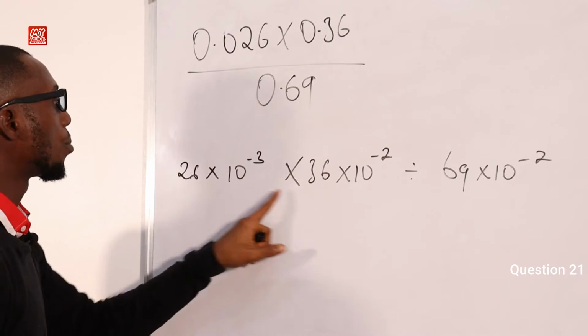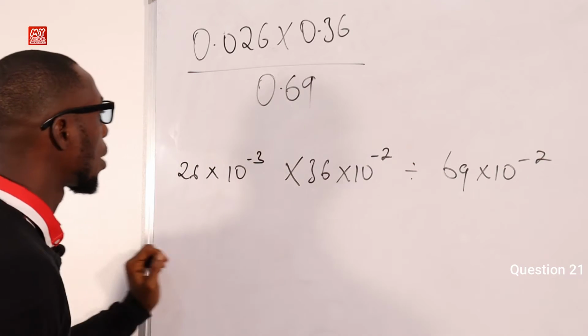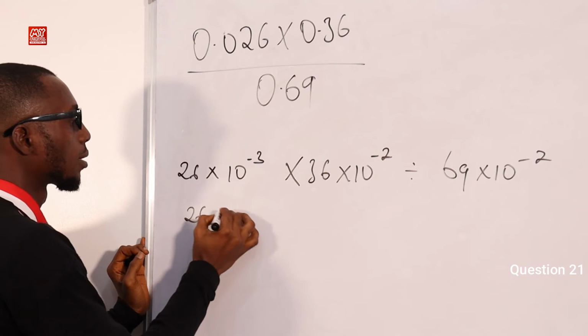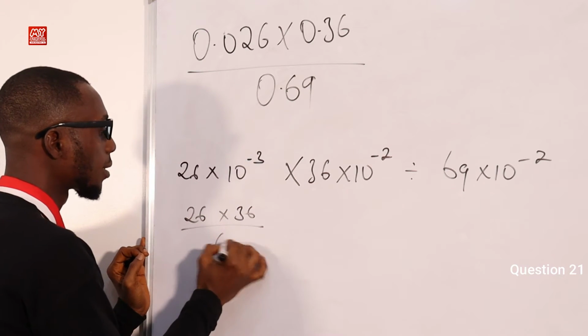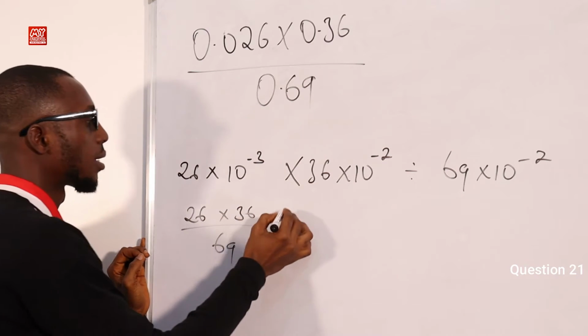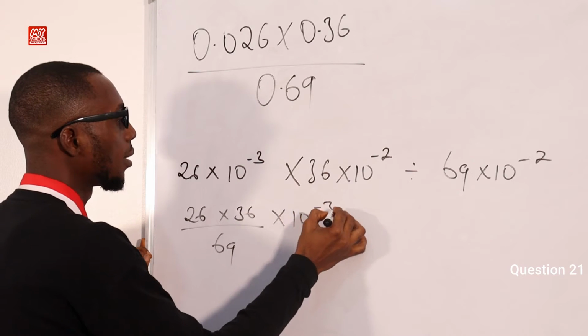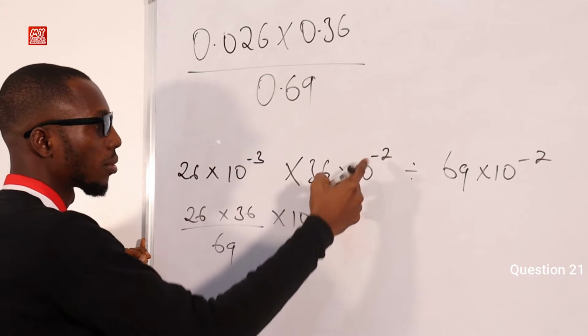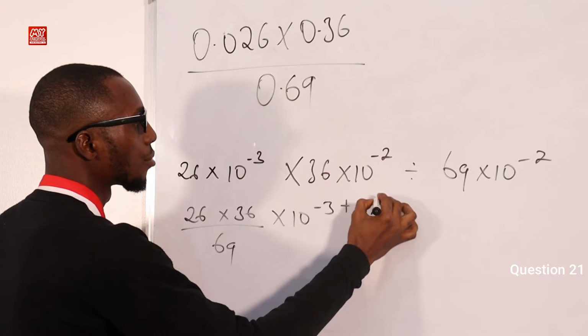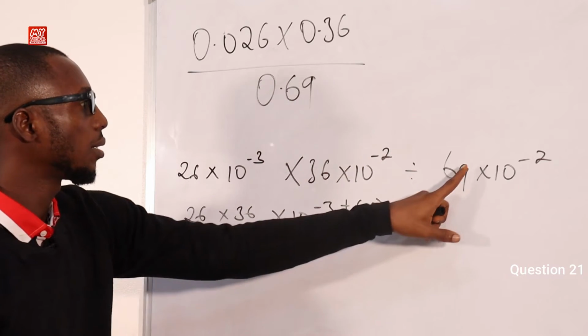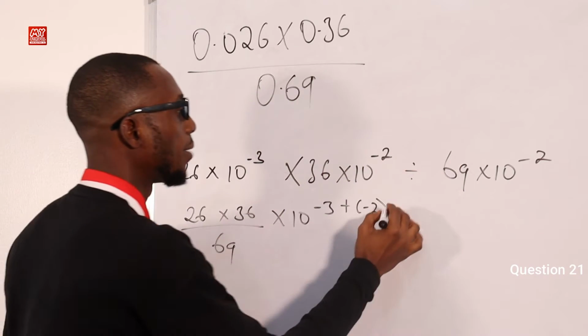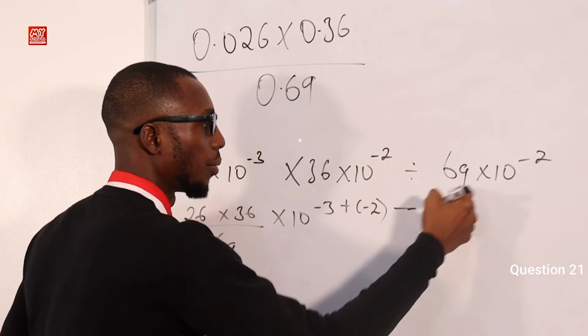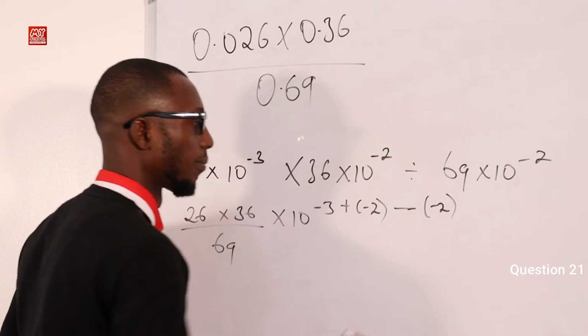So if we pull all these digits together, I would have 26 times 36 over 69, times 10 raised to power minus 3 times, which changes to plus, minus 2. Then this is divide. Divide means minus, then we have minus 2.